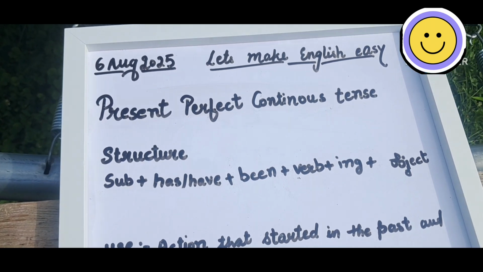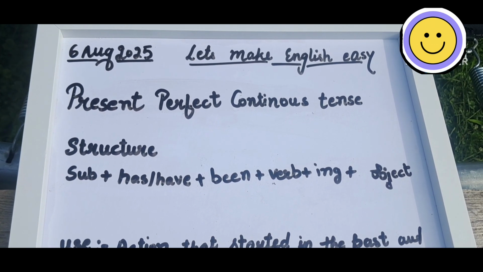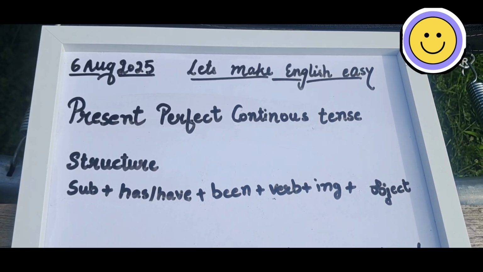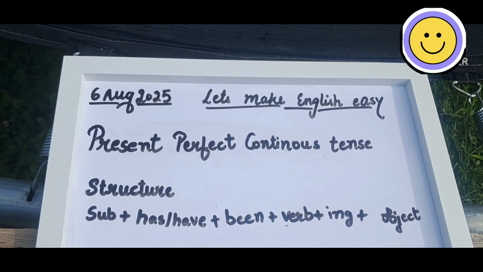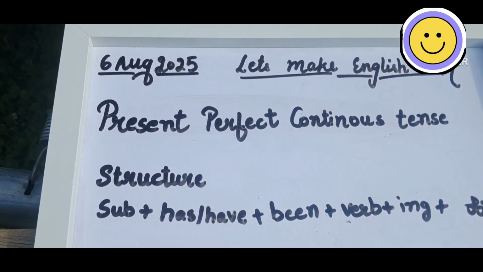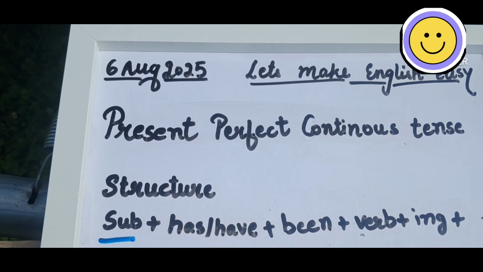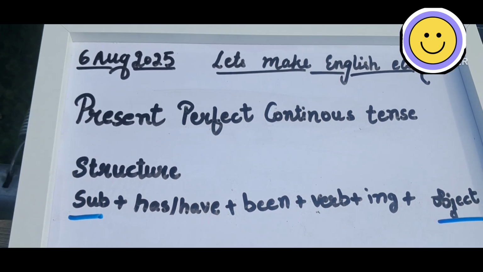The structure of this tense is the subject plus has/have plus been plus verb plus ing and plus object. It might look so overwhelming, right? But it's not. So let's break it down to explain to you. As we all know, the subject is most often at the start of our sentence and the object at the last.